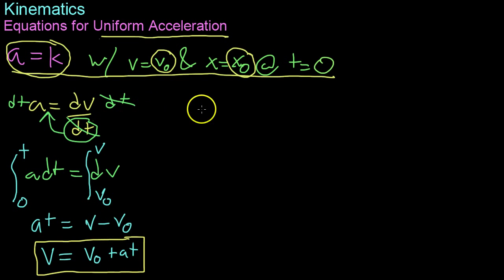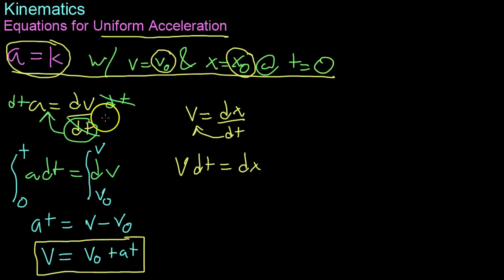From here, because we know that v equals the derivative of position, we can once again separate the variables. So we get that v dt equals dx, and then integrate once again. This time, because there's a dt over here, we integrate from time t equals 0 to any time in the future t.